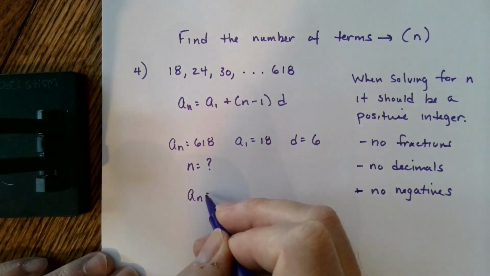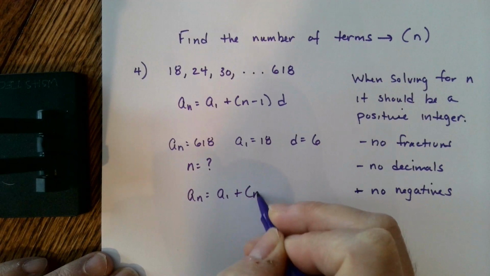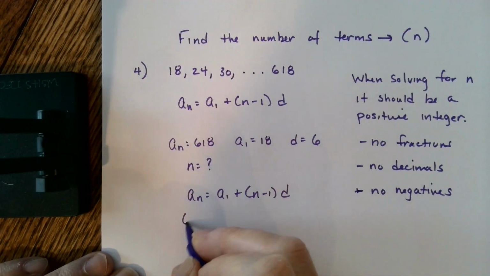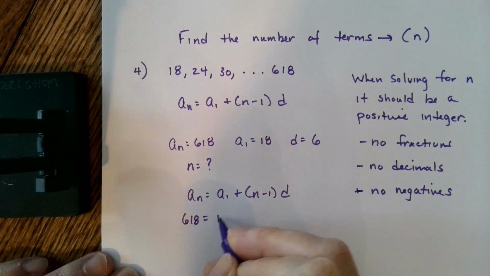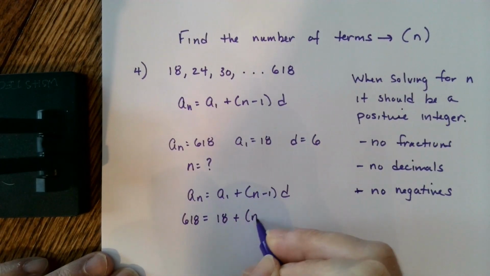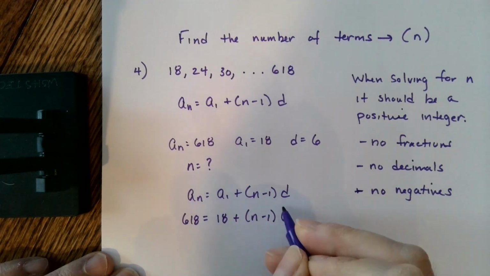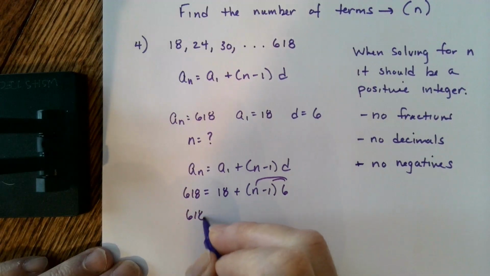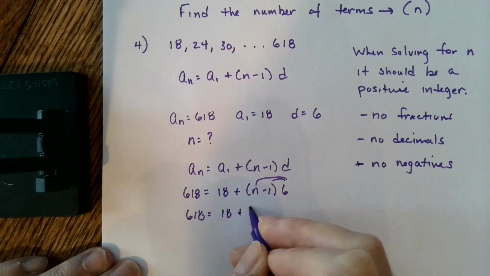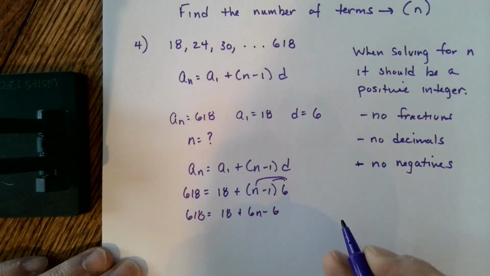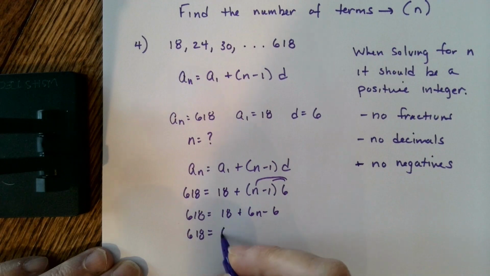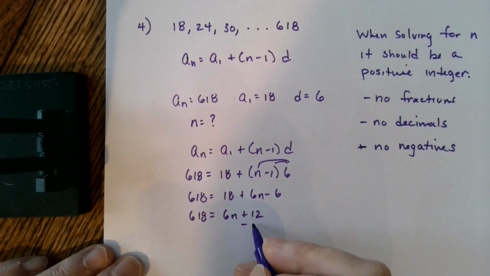Using my formula, I can now substitute in. A sub n, 618, is equal to the first term plus n minus 1 times d, which is 6. Now again, I got to distribute here. I end up with 618 equals 18 plus 6n minus 6. 18 minus 6 is 12, so I get 618 equals 6n plus 12, and now I finish the equation.